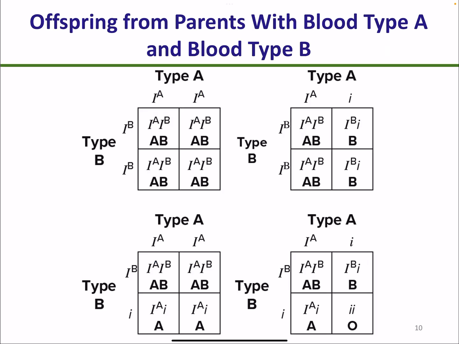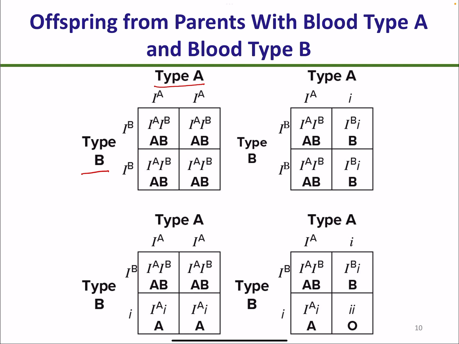Now, specifically, how do you show what offspring can be obtained from an individual cross? Say we have one parent who is type A and one parent who is type B, right?